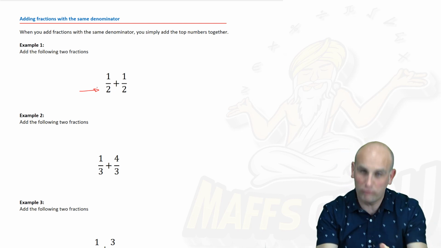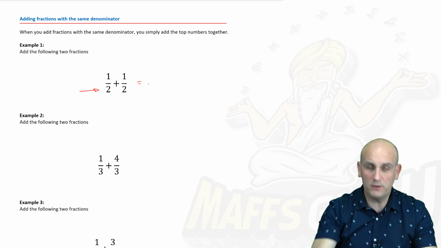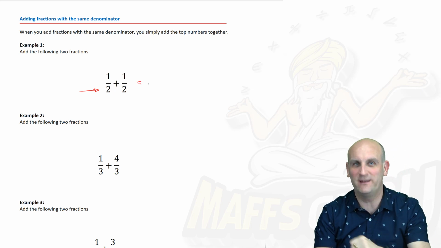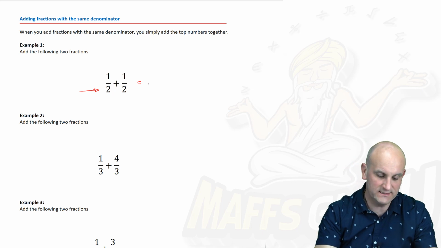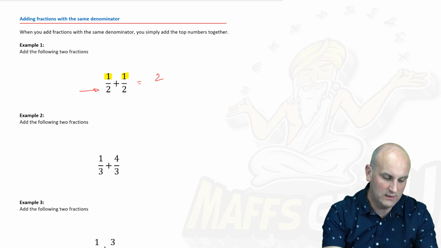It makes me cry. They go, oh, okay, the bottoms are the same, and I remember that you now add all of those things together. And what they say is that 1 plus 1 is 2. So they literally say, well, this 1 and this 1 add together to give me 2. And then they go divided by, and now we're going to add the 2 and the 2 together, which will give me the value of 4.